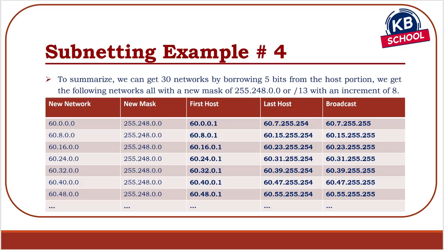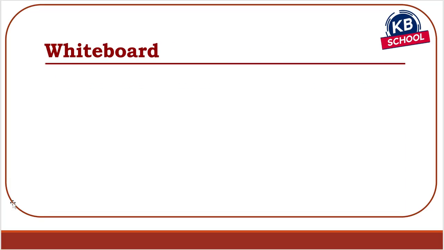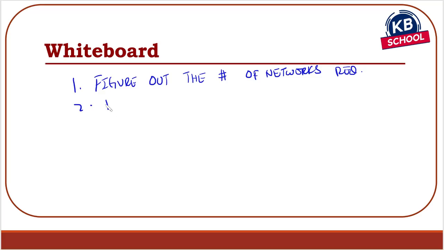To recap, 5 steps. Number 1, figure out the number of nets or networks required. Number 2, find the bits required, and that is based on that table.